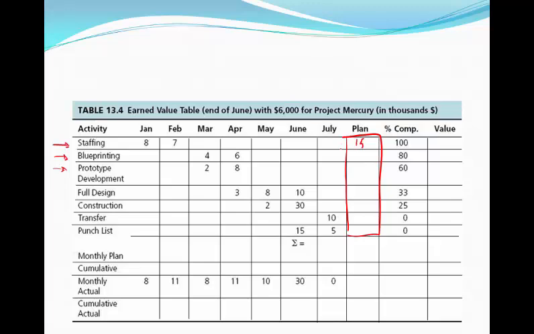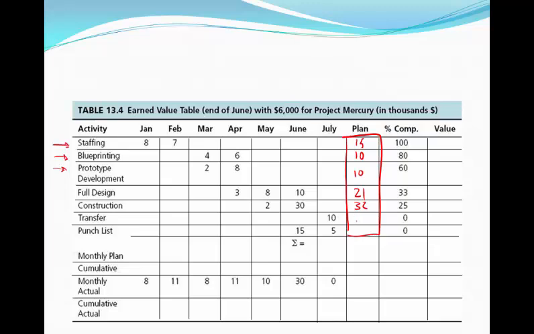$15,000. For blueprints, the planned value is $10,000. For prototype, $10,000. Your full design, $21,000. Your construction is $32,000.